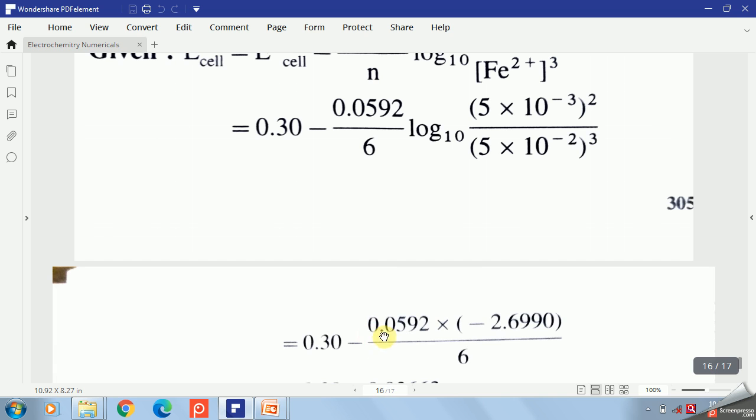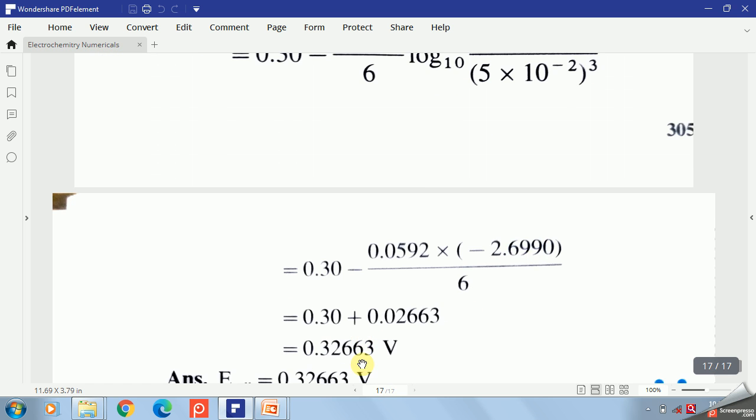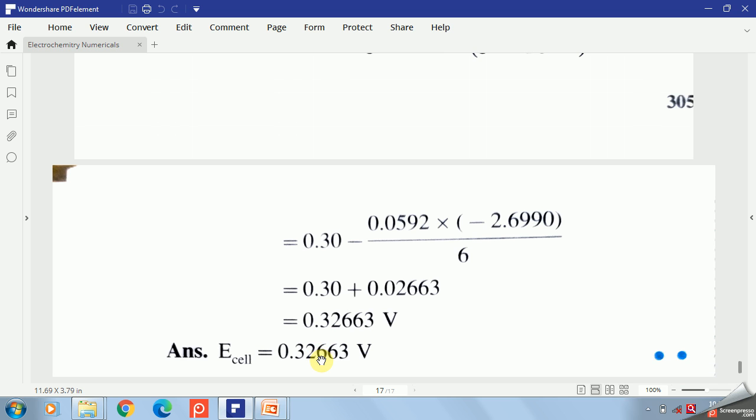So if you solve this, 0.30 minus 0.0592 divided by 6, and this is nothing but 5 square divided by 5 cube, which means 1 by 5. So solve that, your answer is minus 2.6990. So your final answer is 0.32663 volt. So that is the answer.